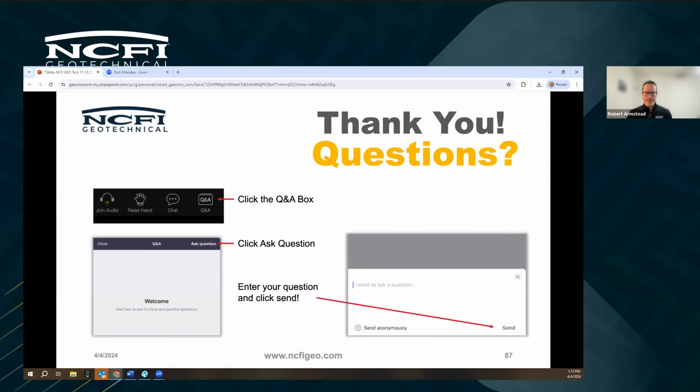Okay, and I did get a follow-up question to that mechanical one. What parameters can you use for soil treatment response or just injected material? Say it again, Robert, I'm sorry. What parameters can you use for soil treatment response or just injected material? I'm still unclear exactly what they're looking for there.